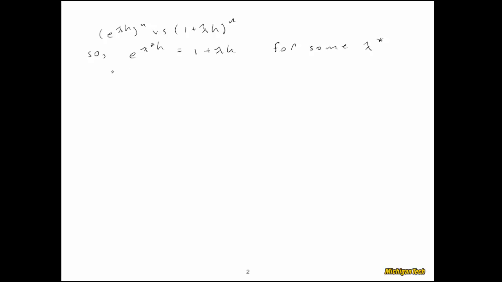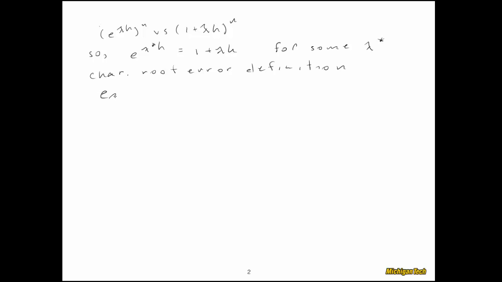Let's come up with a definition for this characteristic root error. We'll denote it as e subscript lambda, and it's defined as lambda star minus lambda, divided by lambda. So it's a fractional error in the characteristic root due to, in this case, Euler integration.